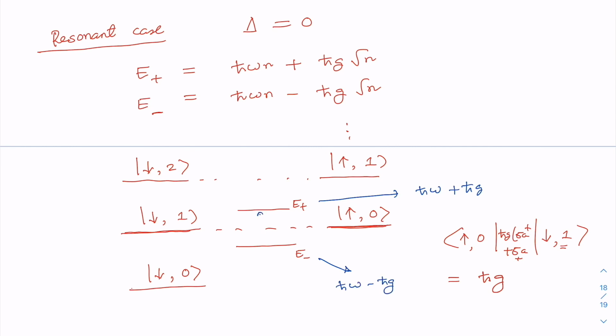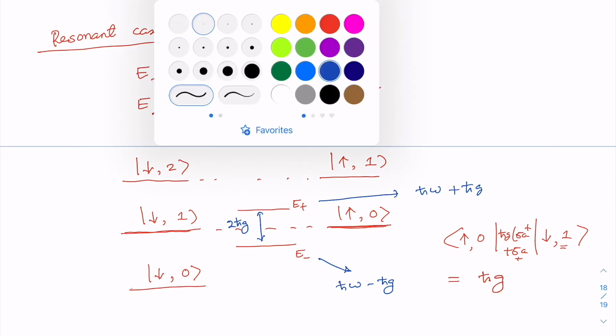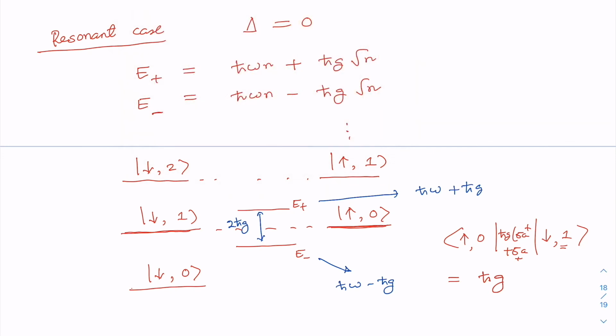Therefore the splitting in the energy level is simply twice ħZ. Similarly, you can show that the next energy states also split into two parts, E plus and E minus, and this splitting, if you work it out, is 2 times square root of 2 ħZ.